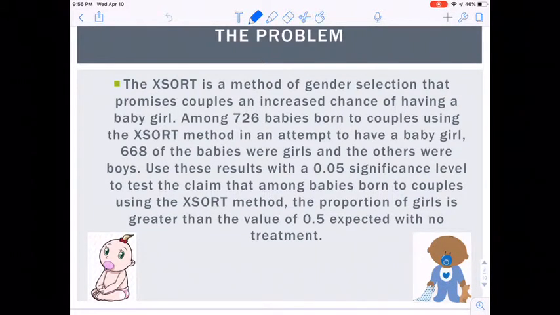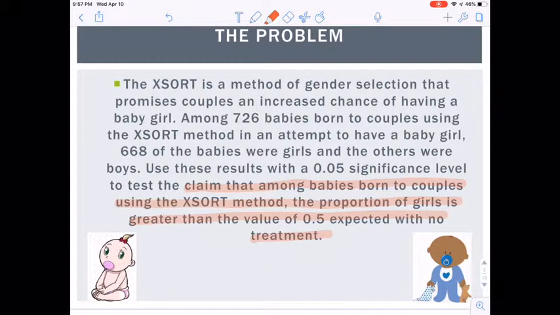Okay, so this is kind of a loaded question. First of all, we've got to find the claim. That's the most important word you're going to see. So, claim that. This is going to tell us what our hypotheses are. That claim is always really, really important. Because we're talking about the proportion of girls, this is a proportion problem.